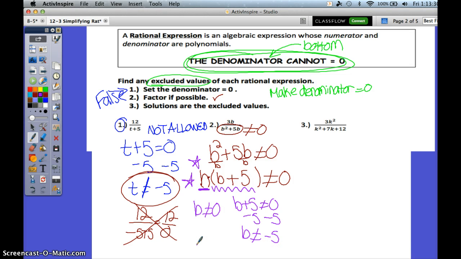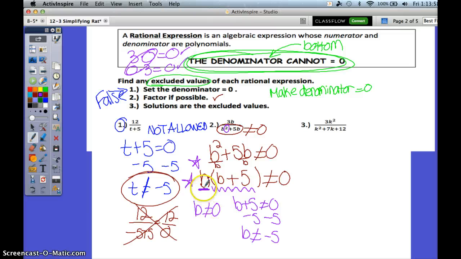Well, Mrs. Gibson, I don't know if I believe you. How do we get 2 different answers? We got 2 different answers because it was squared. If you would check, each factor is not allowed to equal 0. So for instance, if you had 3 times 0 and the right factor was equal to 0, wouldn't it equal 0? Or if you had 0 times 3 equals 0, no matter where it was, whether it was in the first factor or the second, anything times 0 is going to equal 0.